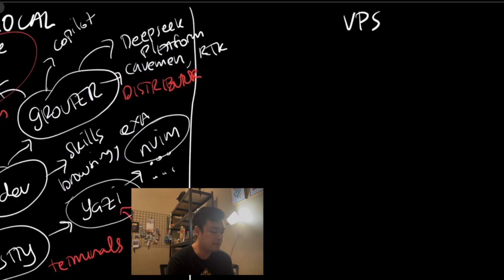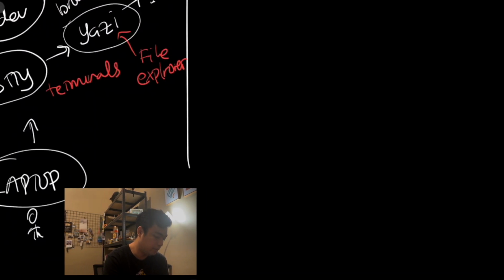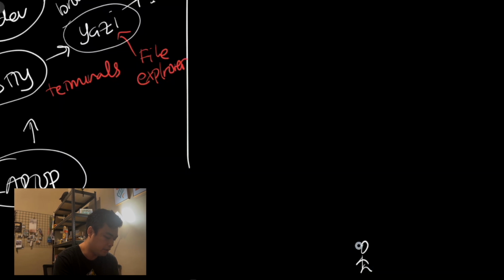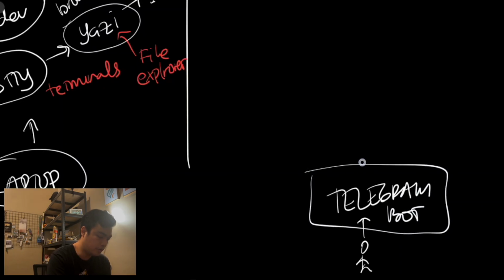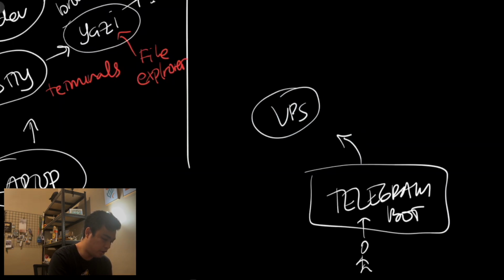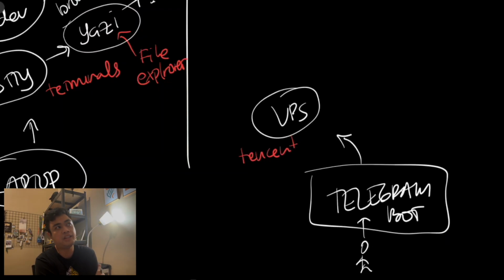While on my VPS side, I'm interfacing with a Telegram bot. So the Telegram bot connects to my VPS. I'm running on Tencent, a Chinese cloud provider.